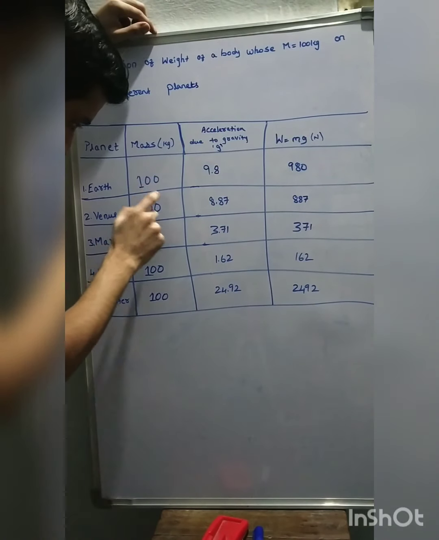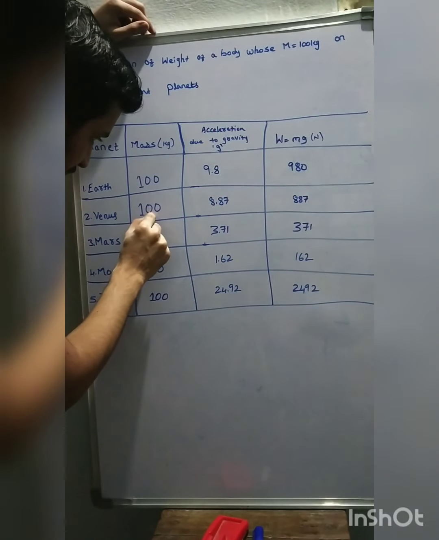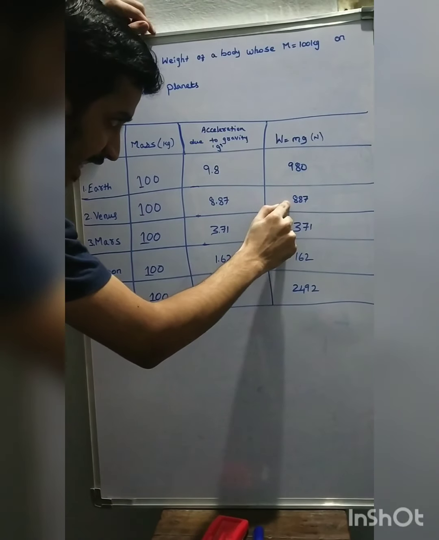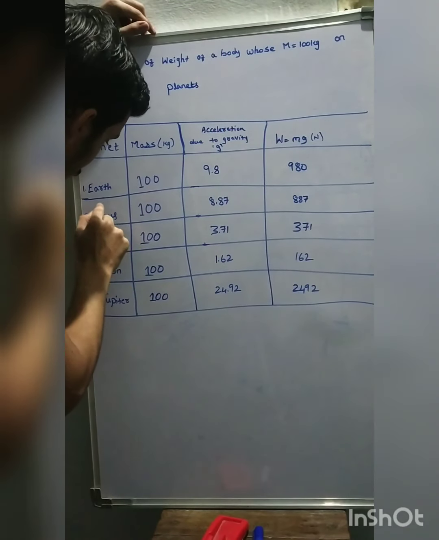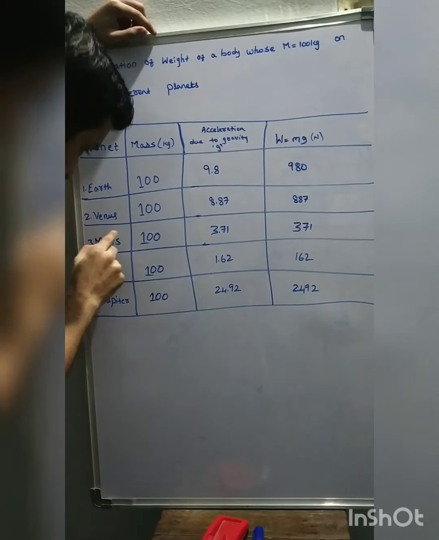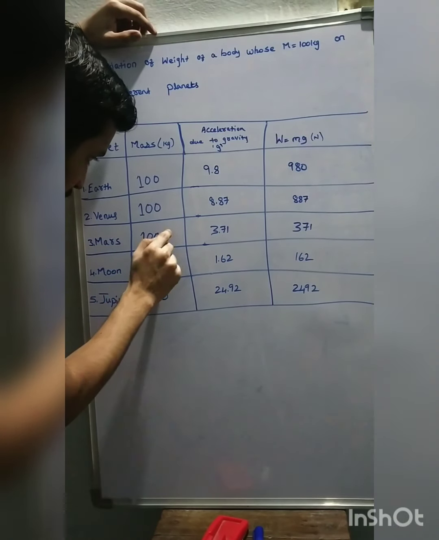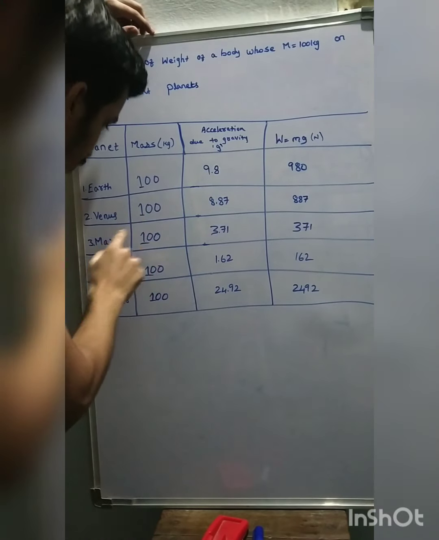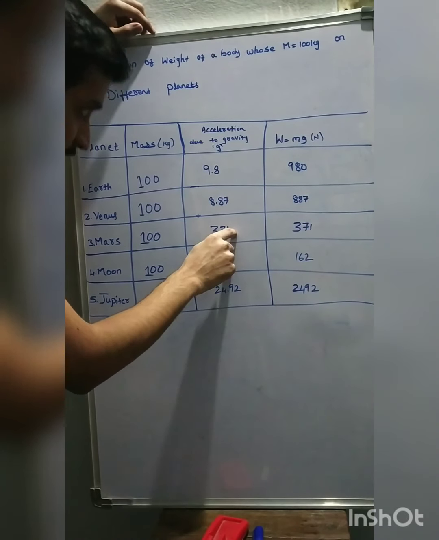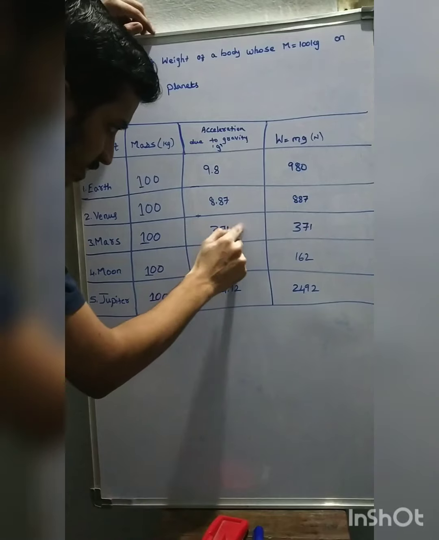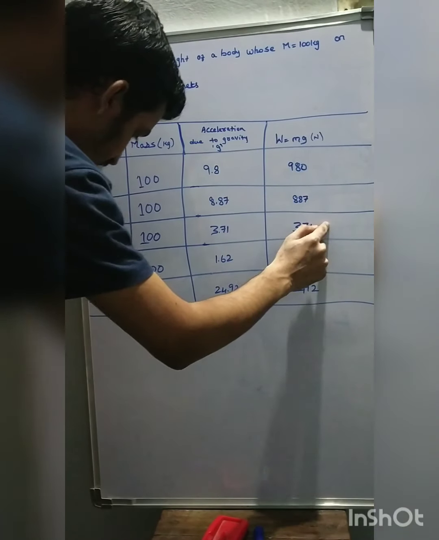So the same body whose mass is 100 kg is weighing 887 newtons on Venus. So the same body on Mars is 100 kg and the acceleration due to gravity of Mars is 3.71. So the weight equals 100 into 3.71, that is 371 newtons.